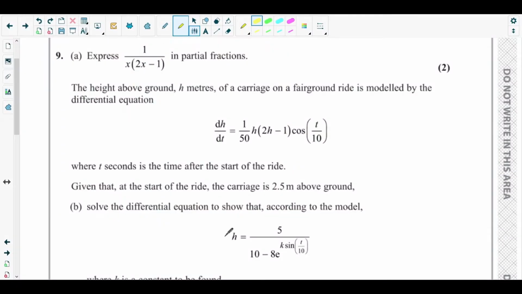At first, part A. In part A, they are asking to express 1 over x times (2x minus 1) in partial fractions.